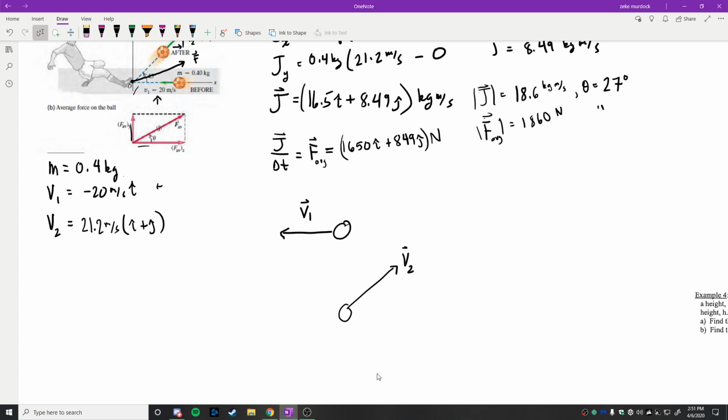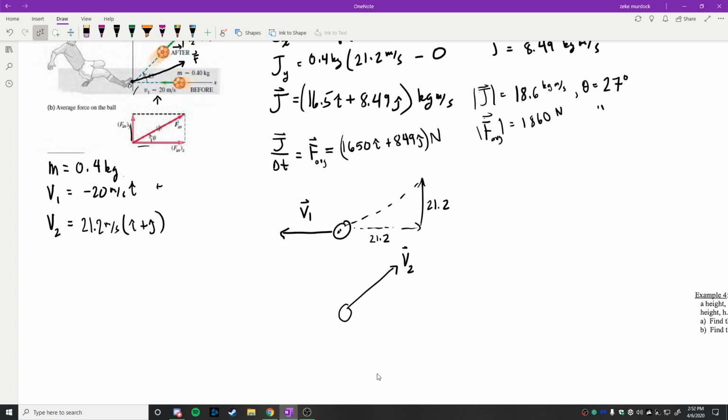You need to give it enough force to stop it, number one, right? There's a certain amount of force you would need to stop the ball. But not only do you need to give it enough force to stop it, you then need to give it enough force that its vector points in the opposite direction and actually grows, because we found that the number was 20 to 21.2 for the velocity here, and then 21.2 for the velocity up here, right?